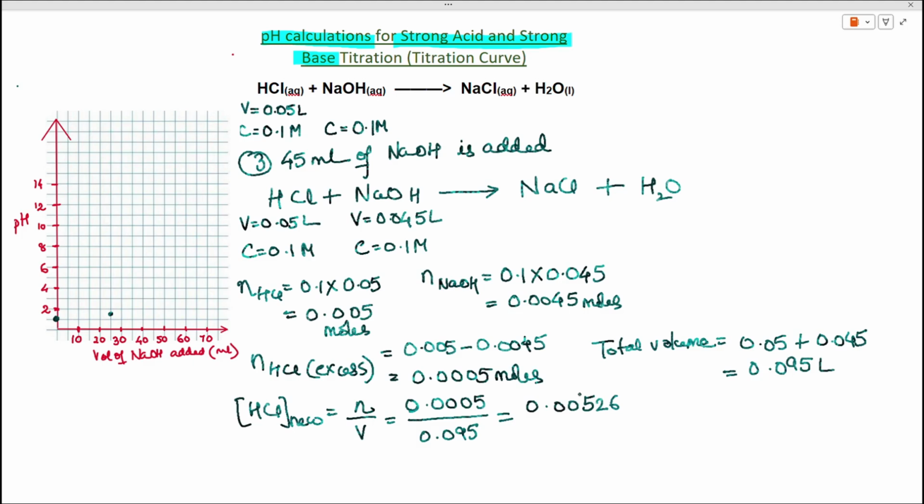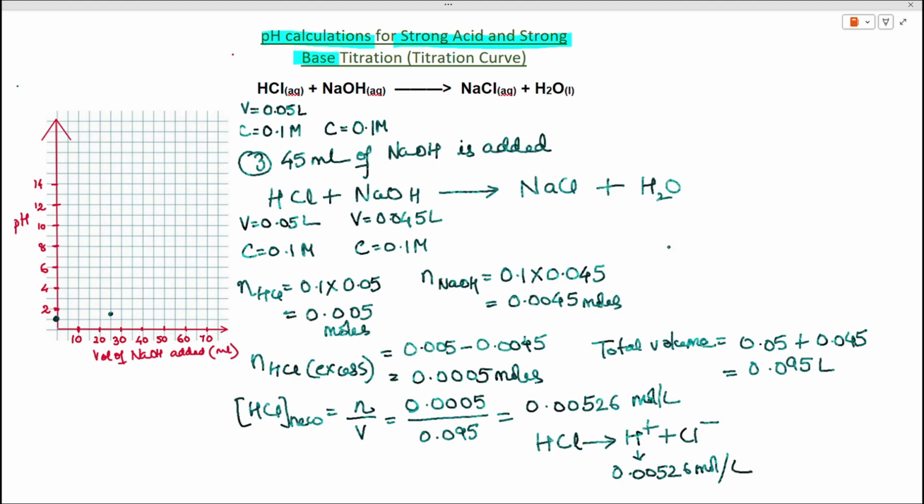0.00526. Now again, this is HCl, a strong acid, dissociates into H positive and Cl negative. So whatever is the concentration of HCl, the concentration of H positive is going to be the same due to the 1:1 ratio. So the concentration of H positive is 0.00526 moles per liter.